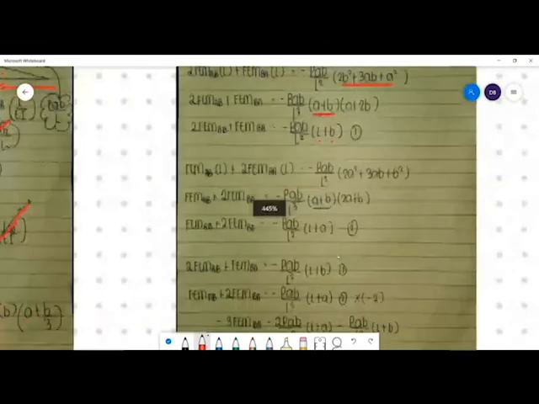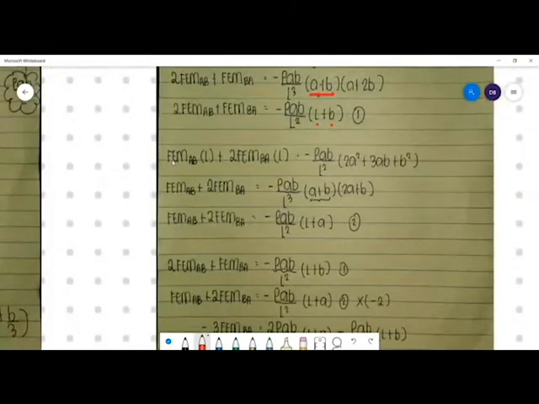And then same thing for our equation 2: FEMAB times L plus 2FEMBA times L is equal to negative PAB over L squared times 2A squared plus 3AB plus B squared. Okay, so we transfer the L to the other side again.